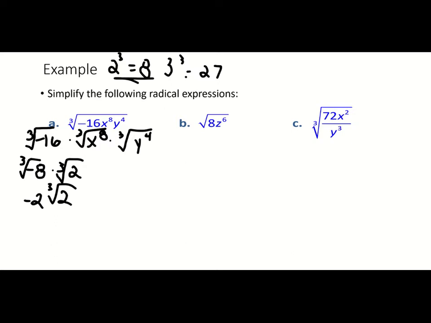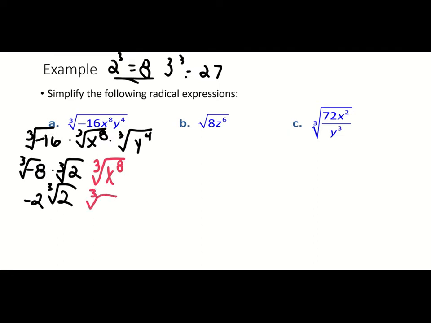Next, we are going to be looking at the cubed root of x to the 8th power. Now, when you're dealing with your variables, what I do is I divide. So we're going to divide 3 into 8. We're basically going to see how many perfect cubes we can pull out of that 8.